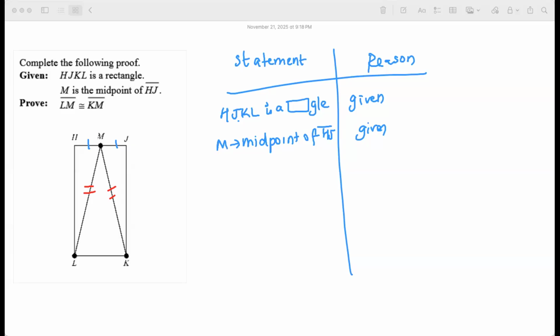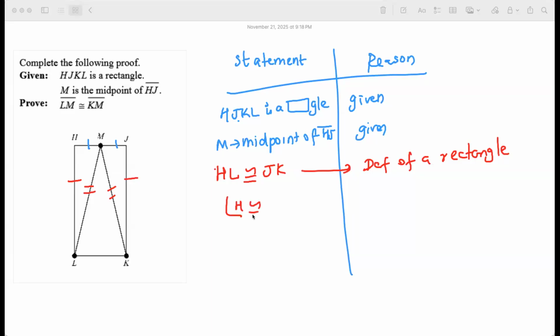Oh, really? Okay, interesting. HL is congruent. Correct. Harshita, guide us. You know it. HL is congruent to JK because of properties of a rectangle. Yeah, HL is congruent to JK, definition of a rectangle. So this is proven. And then? H and J are right angles.